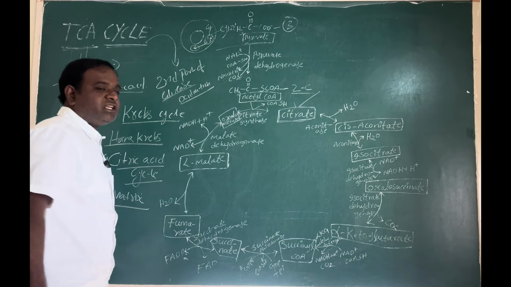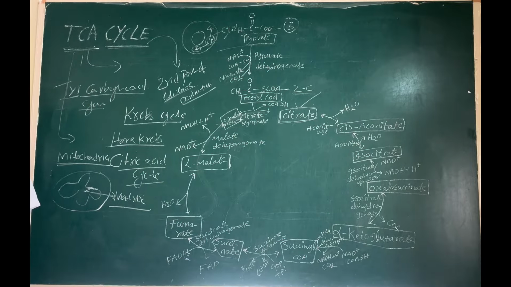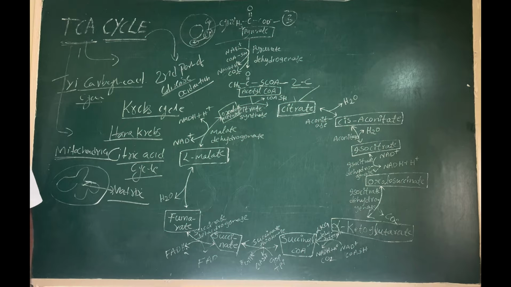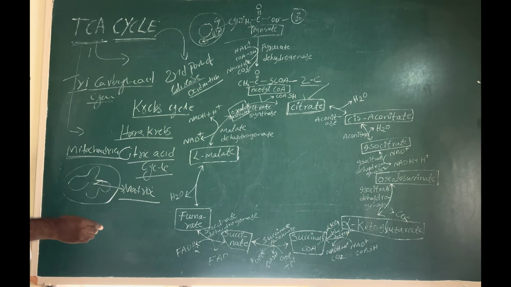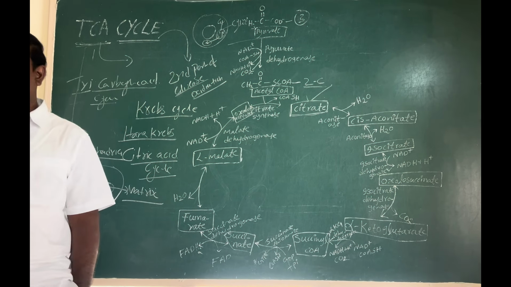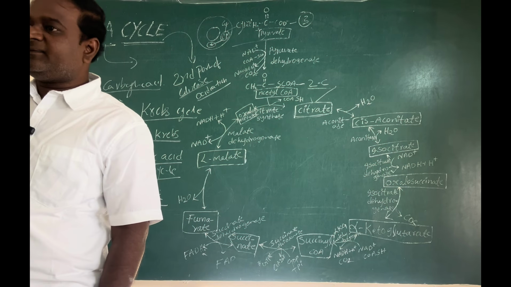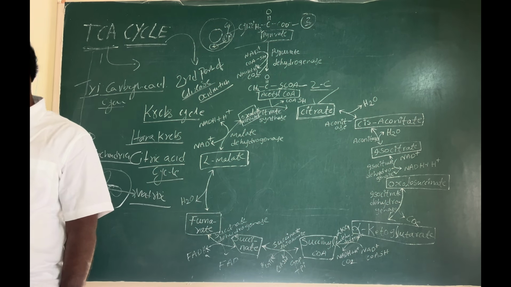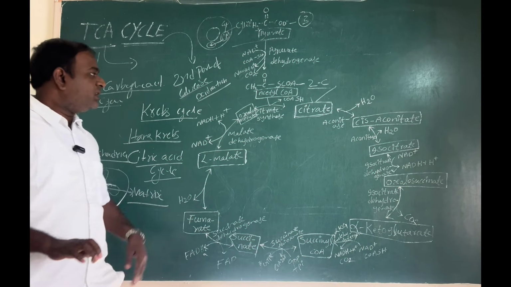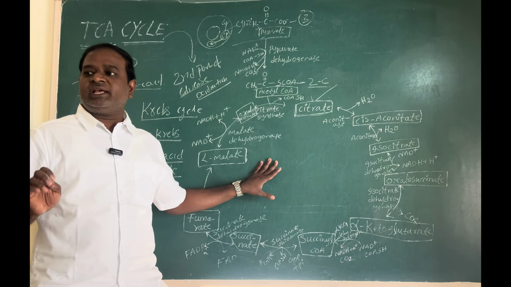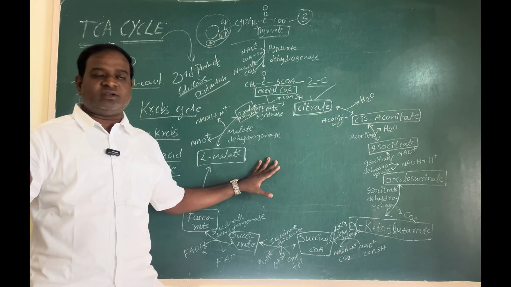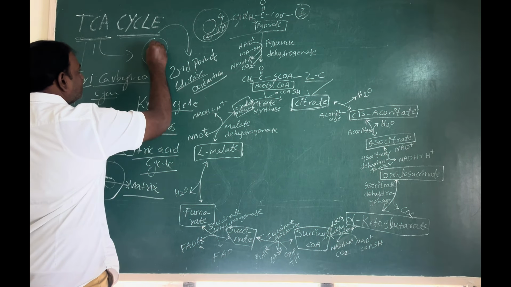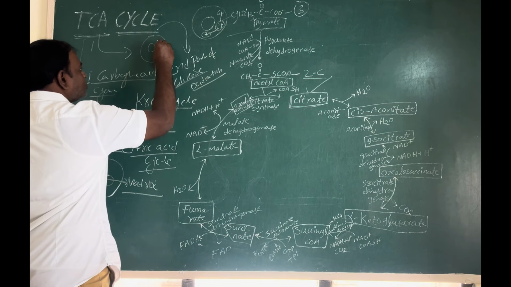This TCA cycle occurs mostly in aerobic organisms only. Why? Because anaerobic organisms, especially bacteria, don't contain organelles like mitochondria and other things. And this pathway occurs only in the presence of oxygen. For example, if there is a cell, glucose converts to pyruvate.